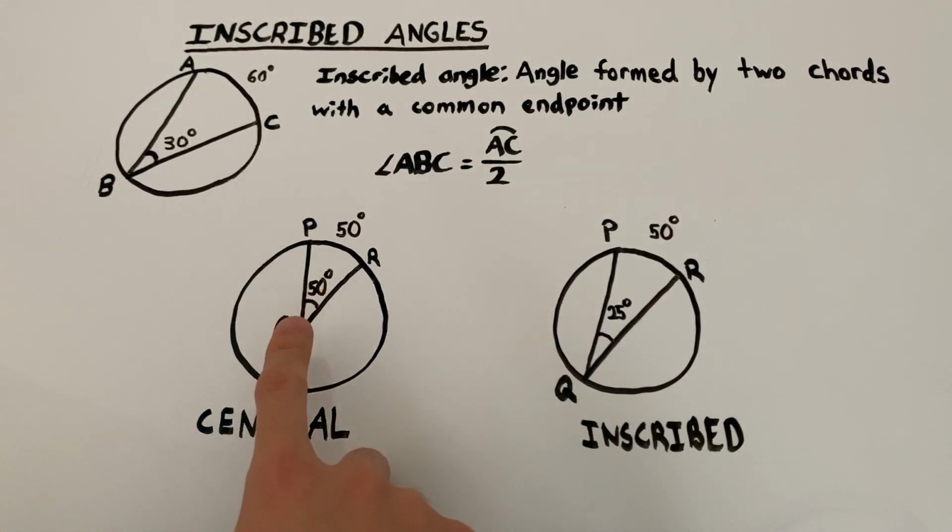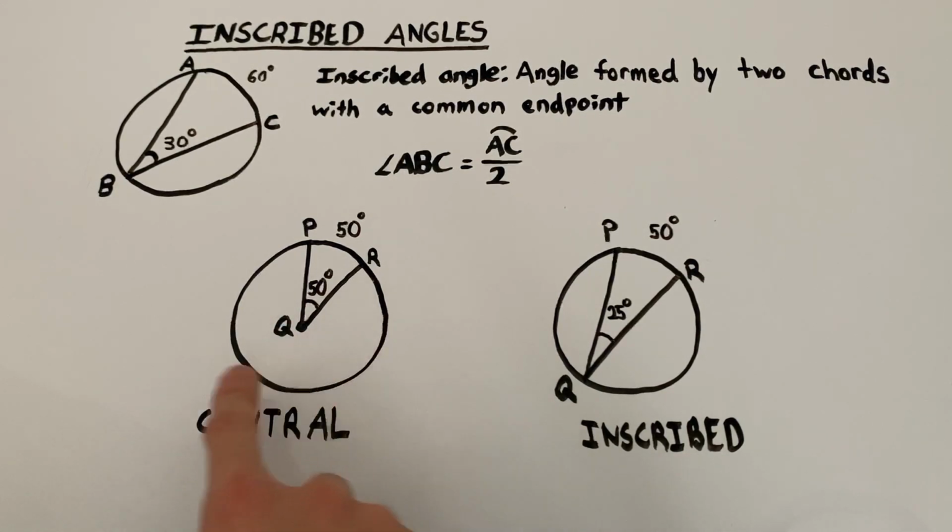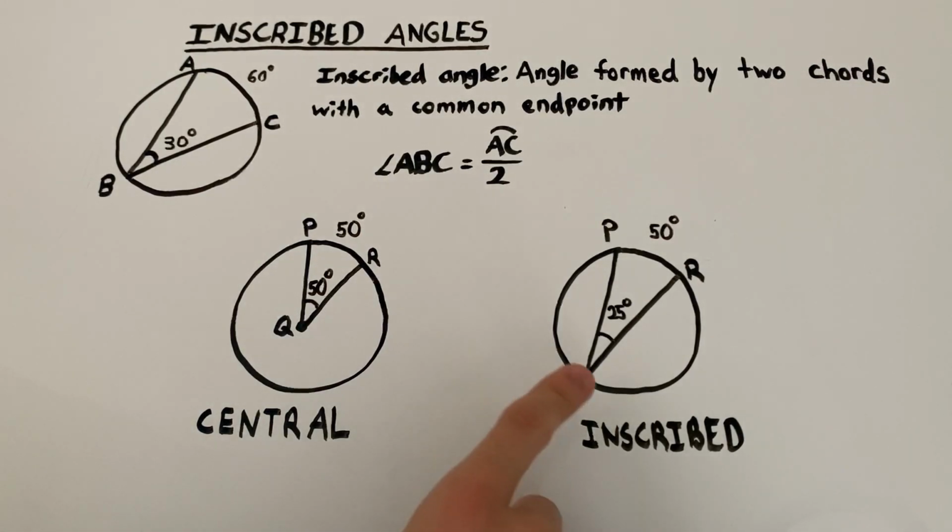So in this case, the vertex is not on the circumference of the circle. It's somewhere inside the circle. Meanwhile, this point is located on the circumference of the circle. So don't get confused between central angles and inscribed angles, because they are two very different things.